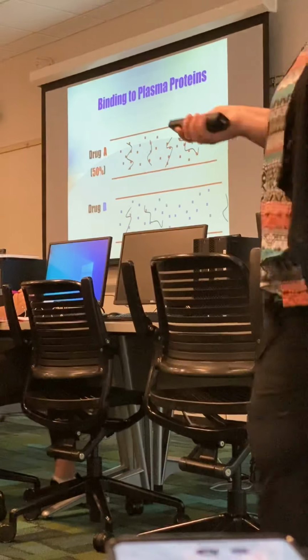With drug B, only 25% of that drug is bound to plasma proteins. So the molecules that are necessary get to the tissues, but there may be molecules left over that are not bound to anything, and those are just going to get eliminated by the body.